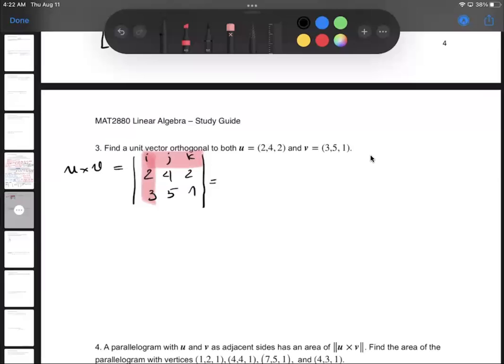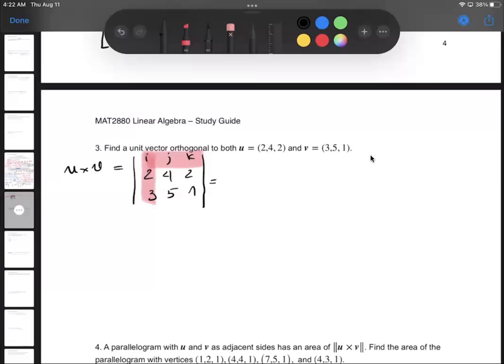I'm going to scale it out: 1, 2, 3, 4, 5, 6, 7, and 1, 2, 3, 4, 5.